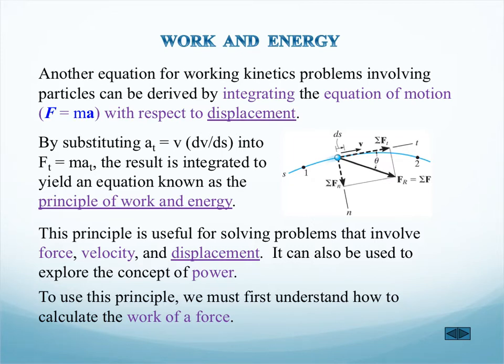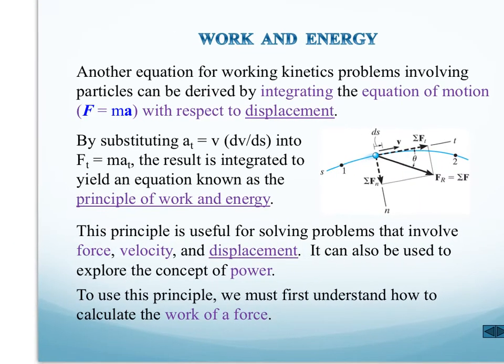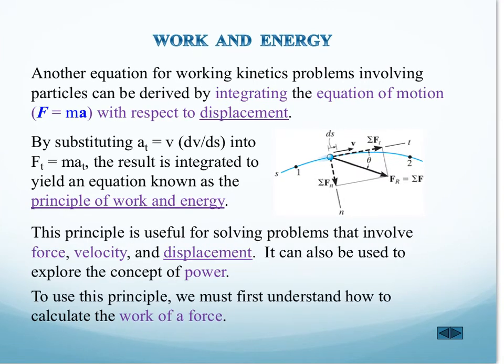We'll see that if we rewrite acceleration using the chain rule so that it is equal to v dv/ds, you can rewrite F equals ma and actually derive an expression known as the principle of work and energy. Sometimes in class I think I called it the work kinetic energy theorem, one that's not used a lot.